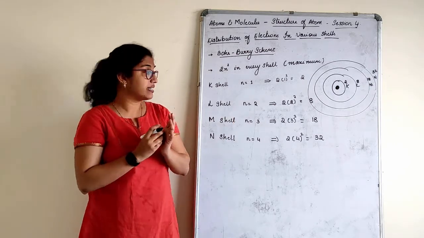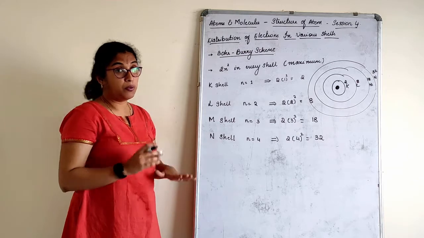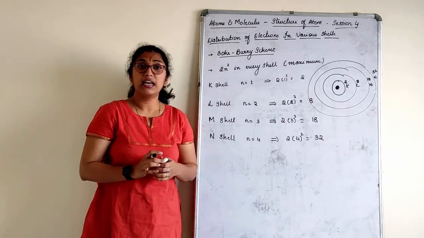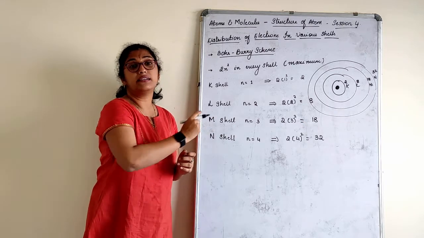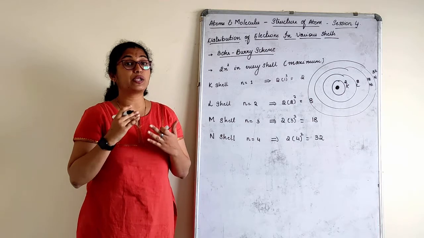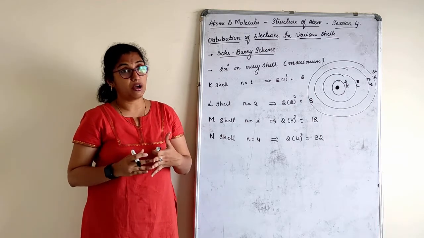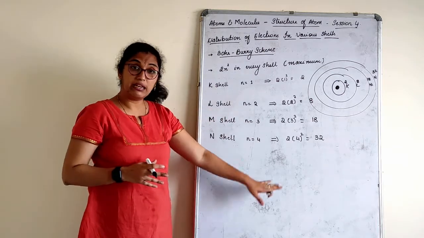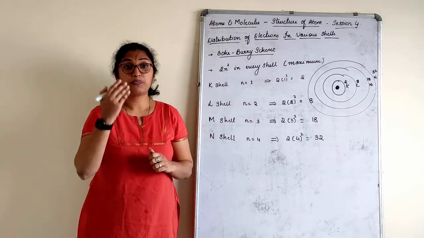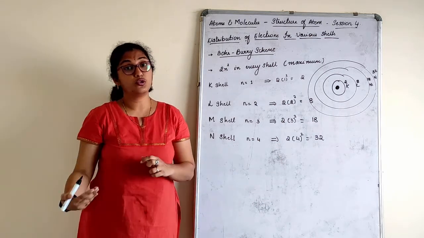Now only understand this Bohr-Bury scheme, the 3 points I have mentioned, as they are. The last 2 points you will understand once I start with exactly how the electrons are filled with respect to different elements and different atomic numbers. So be very clear on this part. We'll quickly begin with the elements from 1 to 20.